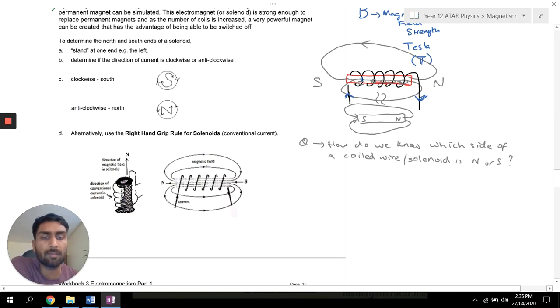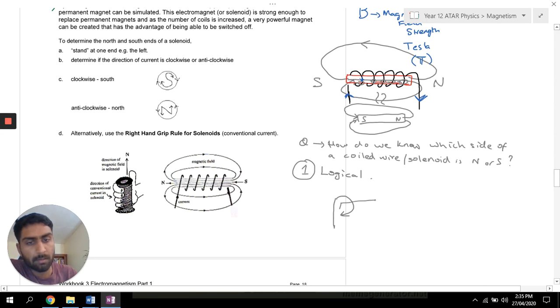There's two ways of doing this. The first way is the logical way, which I just showed you here. You would say, on this side, the current is going around this way, so if that's the beginning of the coil, and this is going around like that, we know the current is going around.